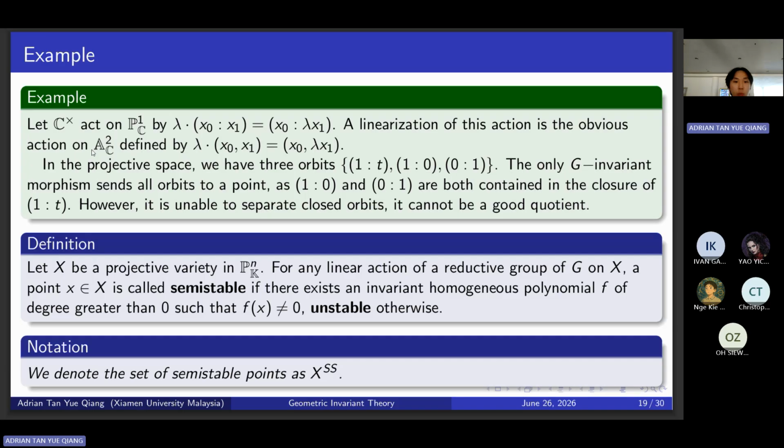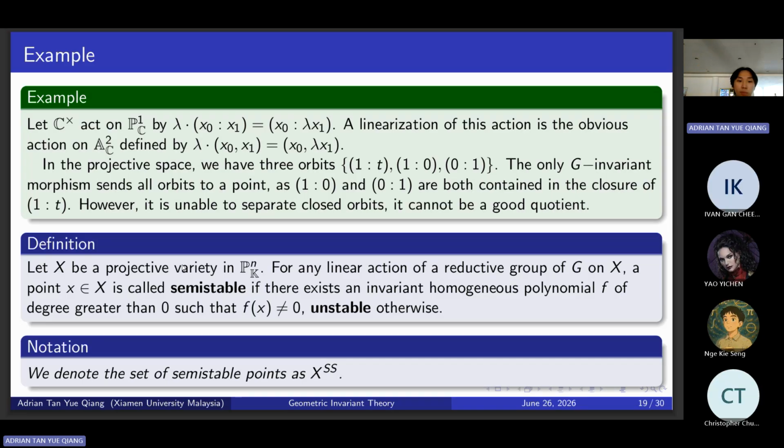So this motivates us to say that maybe not every point in the projective variety is good for this action, so we throw away some of them, which are those unstable points, those that we cannot differentiate using a G-invariant morphism from the origin of the affine cone.